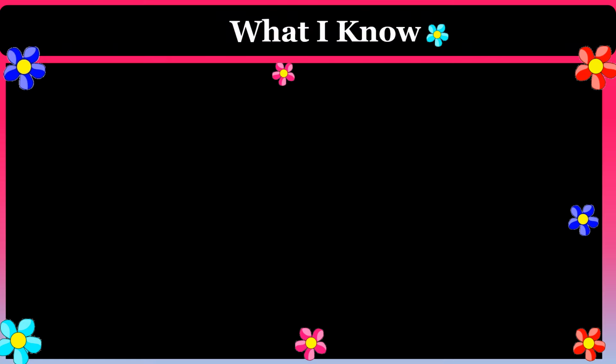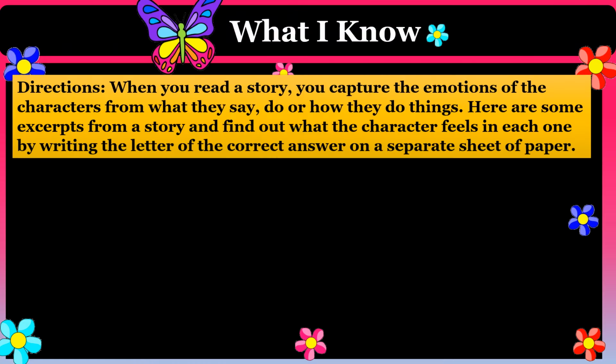Let's check what you know about the lesson. So look here, kids. When you read a story, you capture the emotions of the characters from what they say, do, or how they do things. So here are some excerpts from a story and find out what the character feels in each one by writing the letter of the correct answer on a separate sheet of paper.